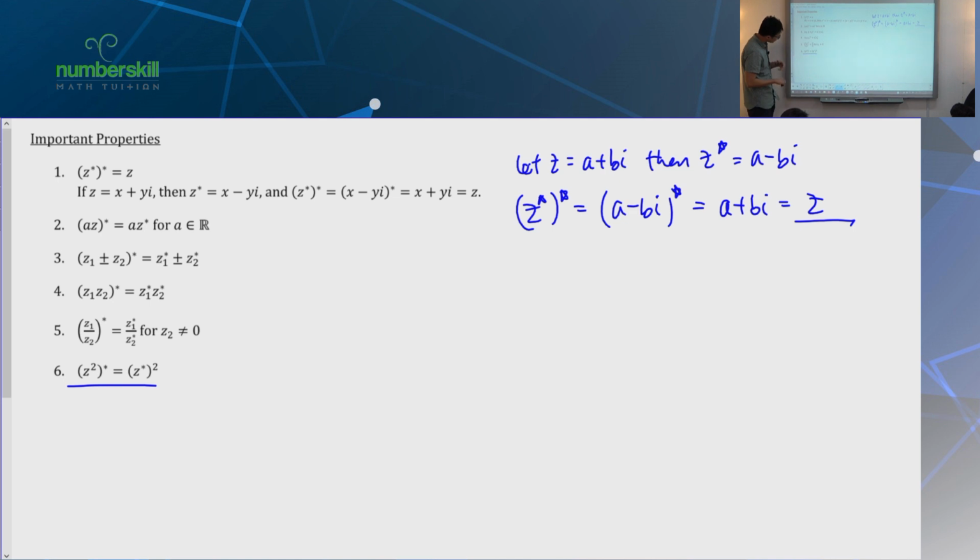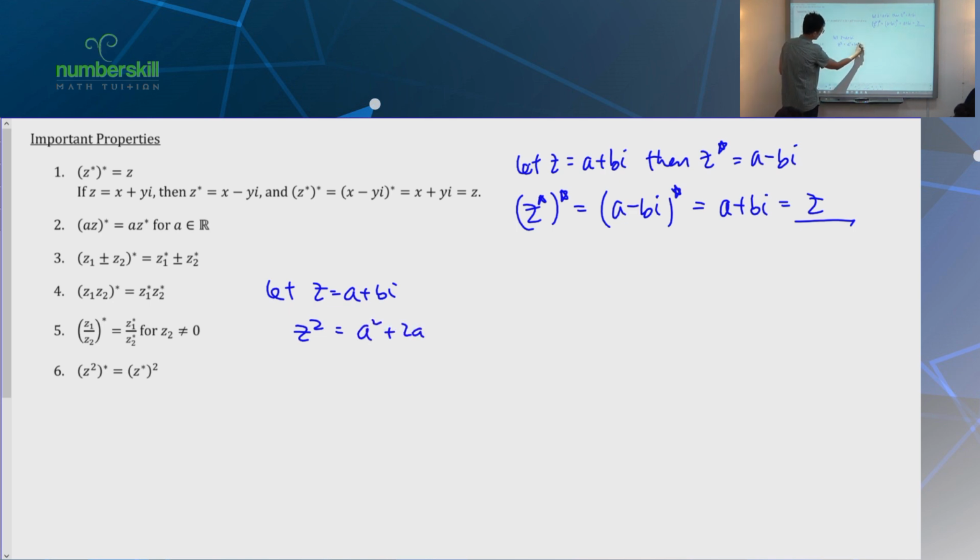The answer is yes. So let Z equal a plus bi. Z square, just expand: a square plus 2abi minus b square. Arrange it so that the real part is in front and the imaginary part at the back. So this is your Z square.